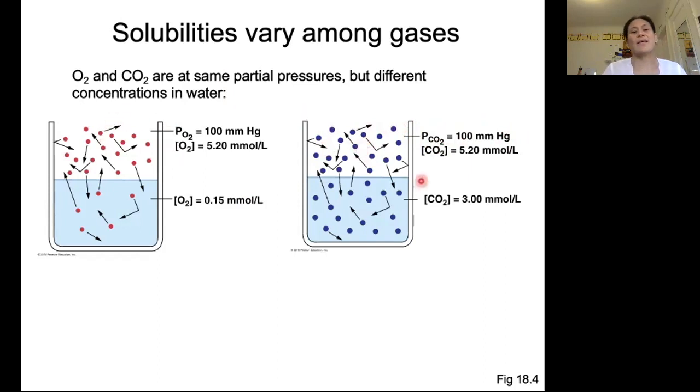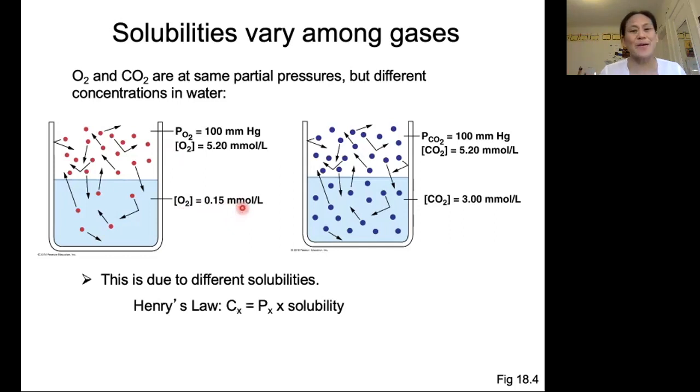However, if we look at the actual concentration of carbon dioxide that we see in the water once this system has reached equilibrium, we can see that it is much higher than the concentration of oxygen. We have a carbon dioxide concentration of 3 millimoles per liter and a concentration of oxygen of 0.15 millimoles per liter. The reason for that is because carbon dioxide has a higher solubility in water than oxygen does.